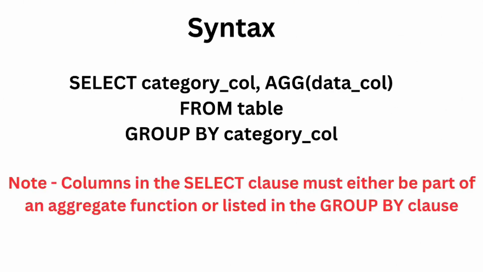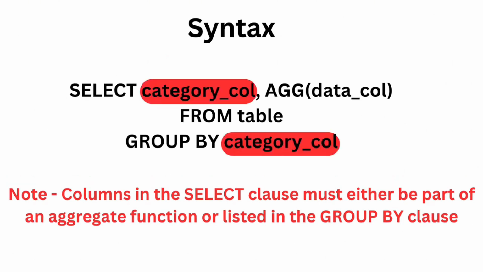Now, one of the most important things to realize when learning about group by is the following. In the actual select statement, columns must either have an aggregate function call on them or be themselves in the group by call. So what does that actually mean? This is where beginners often get tripped up in learning about group by, so pay close attention to this one.